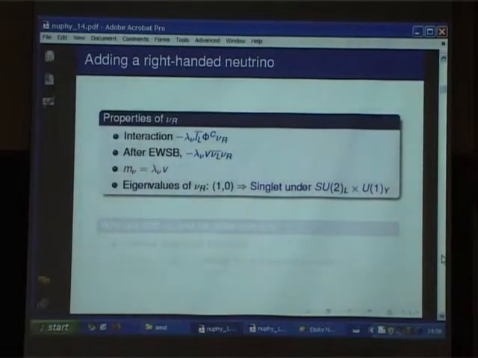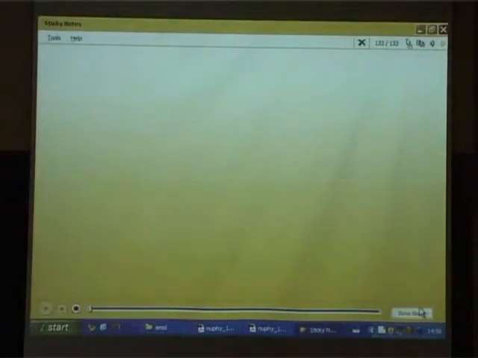So similarly, if I want to introduce this new nu R, the only term I should write should be of this form: minus lambda nu, L bar, phi conjugate, and nu R. I know it would work because it works for the u quark. This obeys all symmetries, SU(2) and U(1).